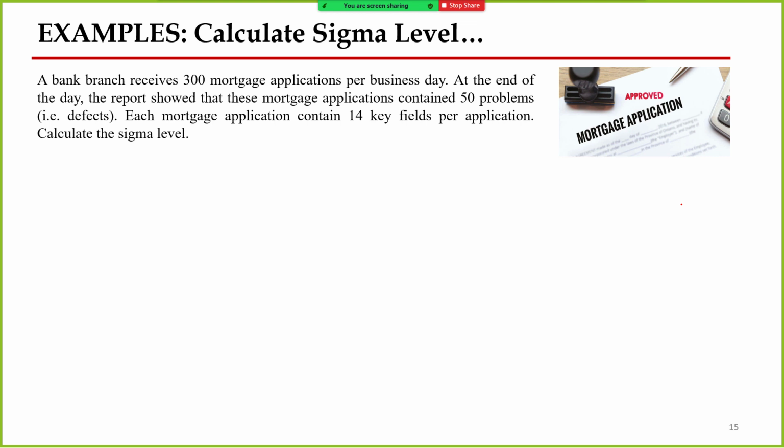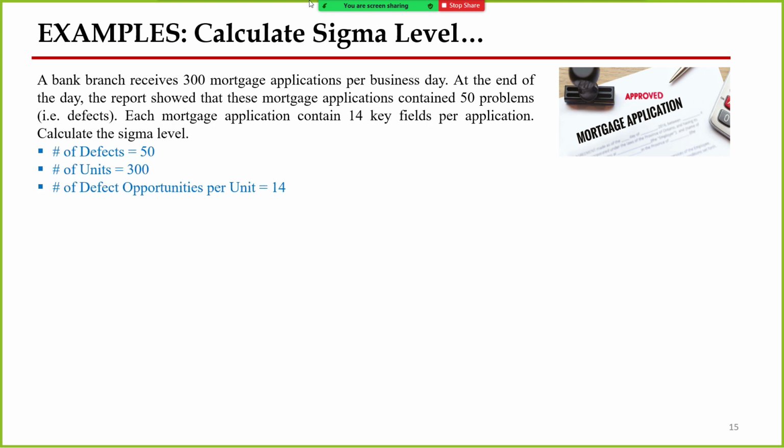What about this one? This is from the banking sector perspective. 50 defects, and the opportunities we have are 14, and the total number of units we have is 300, right?